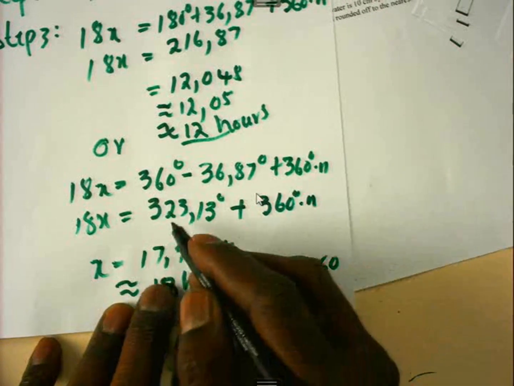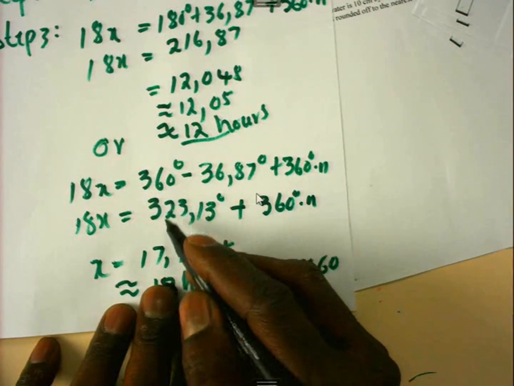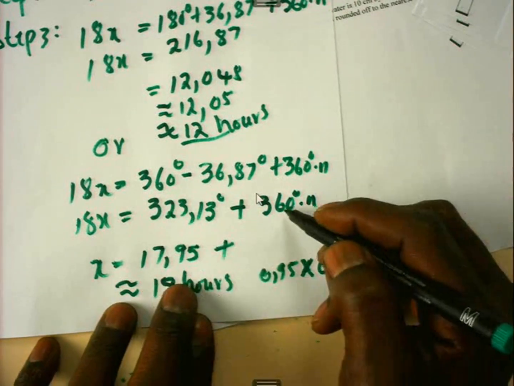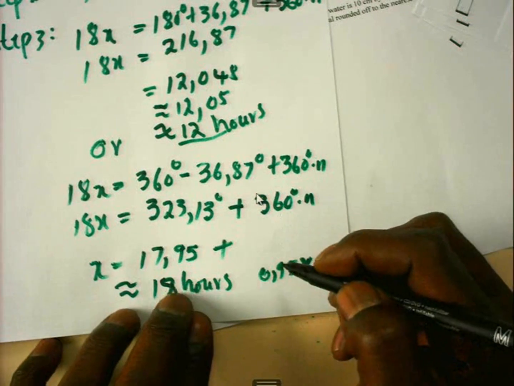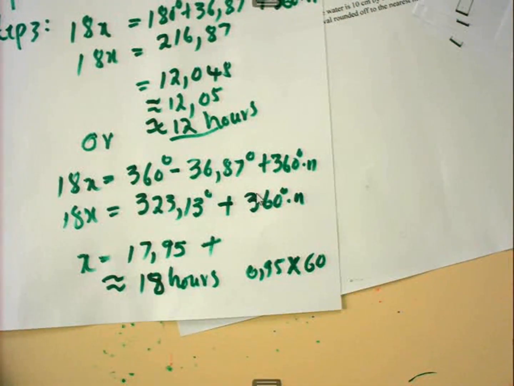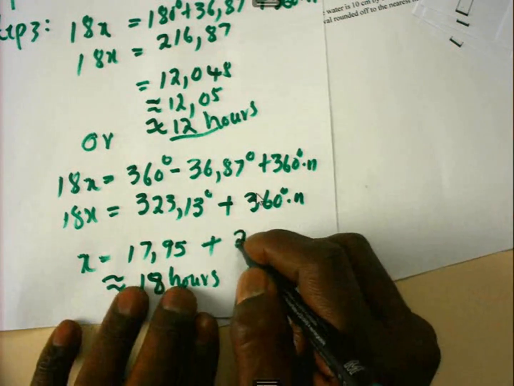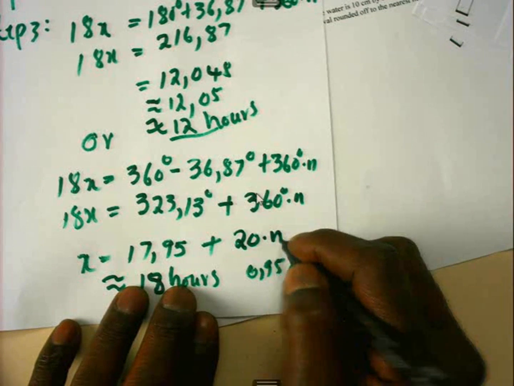Now we have divided this value by 18 to get 17,95. Therefore, we must divide this 360 by 18. If we divide 360 by 18, we get 20 times n.